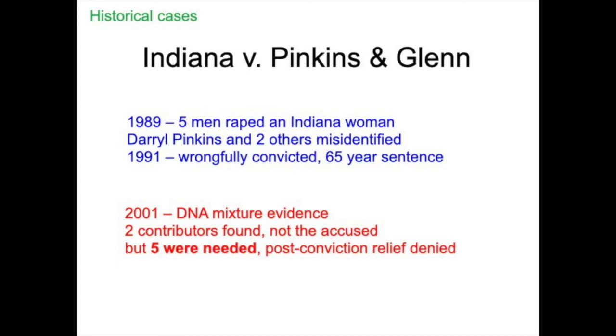There was DNA mixture evidence obtained in 2001, and conventional human review found the obvious 2 major contributors, who were of course not the accused. But the post-conviction court said they wanted all 5 because there were 5 men involved in the crime. And so the post-conviction relief was denied, and Darryl stayed in prison for another 14 years.